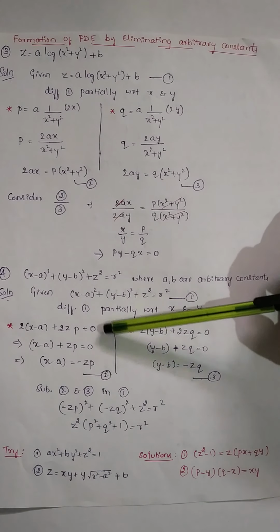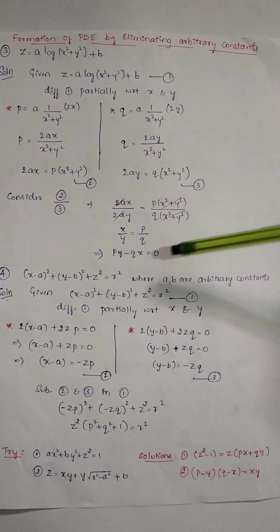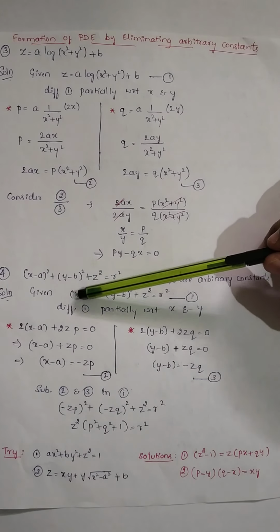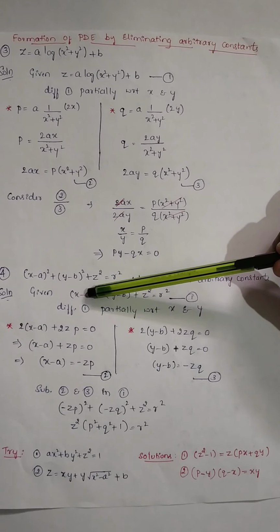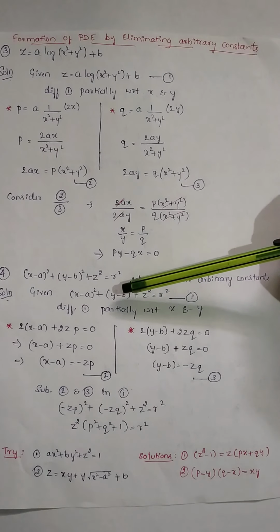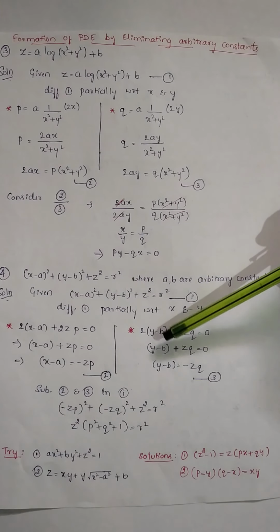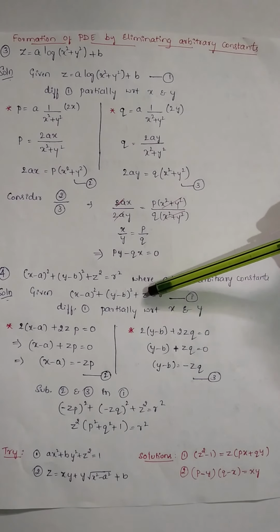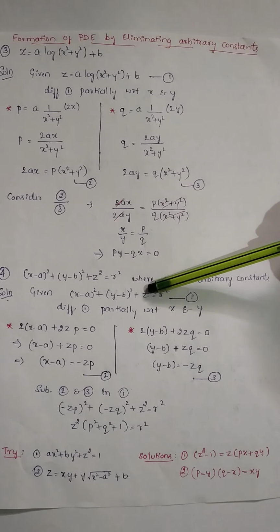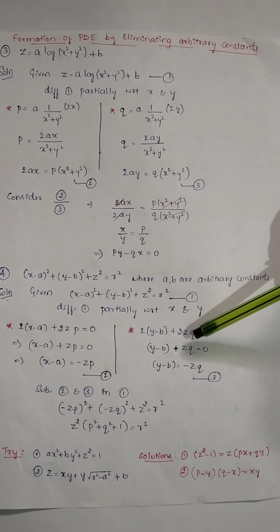Now consider partial differentiation of 1 with respect to y. In the LHS, x minus a whole square is a constant with respect to y, so differentiation will be 0. Coming to the second term, differentiation is 2 into y minus b, plus z square, and z is a function of x and y, so differentiation will be 2z into del z by del y.